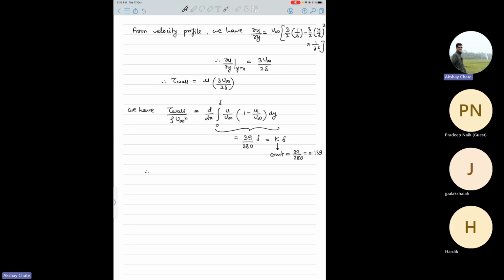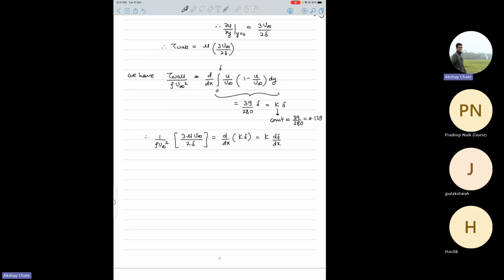So now, coming back to our main thing today. What we have here is, again, I'll write 1 by rho u infinity square as it is. Tau wall is nothing but 3 mu u infinity divided by 2 delta. So this is your LHS, and on RHS you will have d by dx of some constant into delta. So I can take this constant outside, because it is not a function of x. So this becomes k d delta by dx.